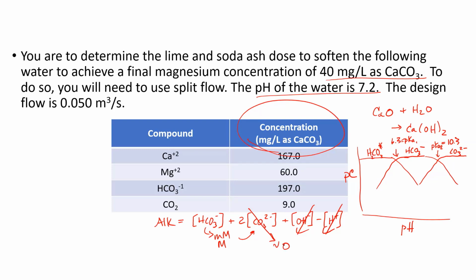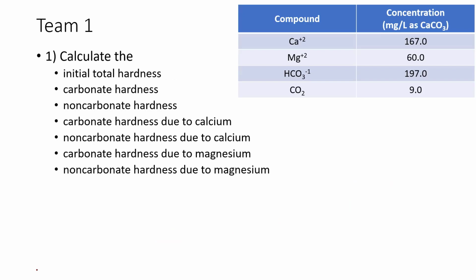So one of the things to note is that for this water itself, the alkalinity is approximately equal to the concentration of bicarbonate. And for those of you that are also in 480, we will talk about this this afternoon because the first lab has to do with alkalinity. So we've said that the concentration of bicarbonate is approximately equal to our alkalinity.